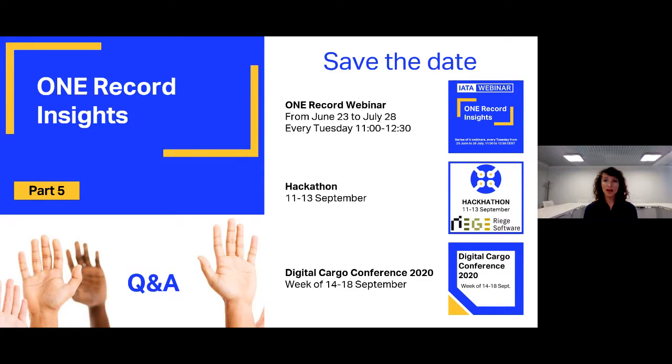Of course, we are going to integrate ontologies from other industries also, like maritime. As you have seen, there's a big schema diagram with all the vocabularies that we want to integrate together with ONE Record. All those ontologies will be compatible together.